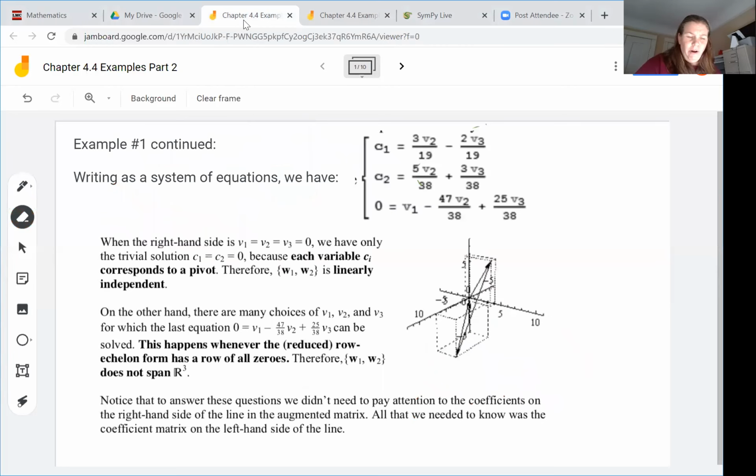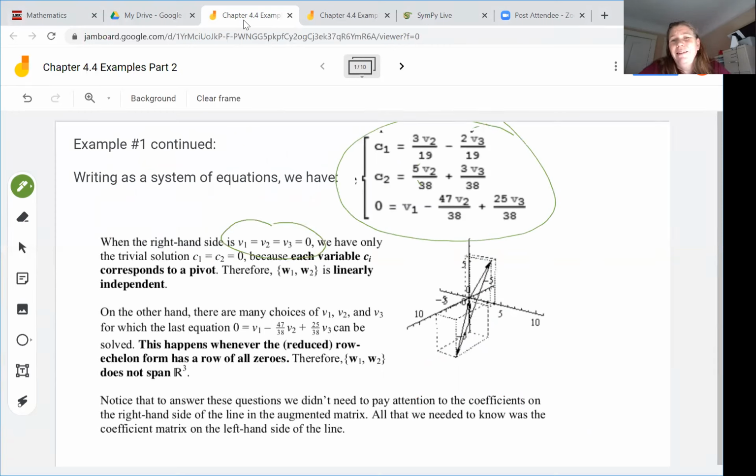Okay, so here's our system over here. And so let's look at how this could solve. So if we are thinking about our first question here, is W1, W2 the set linearly independent, we can set V1, V2, V3 equal to 0.